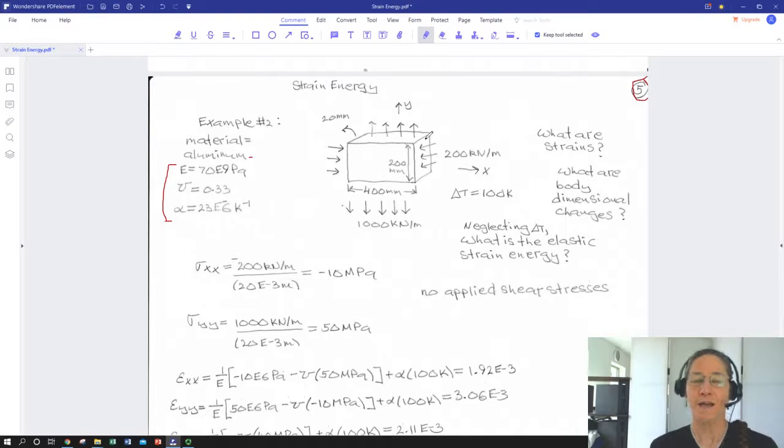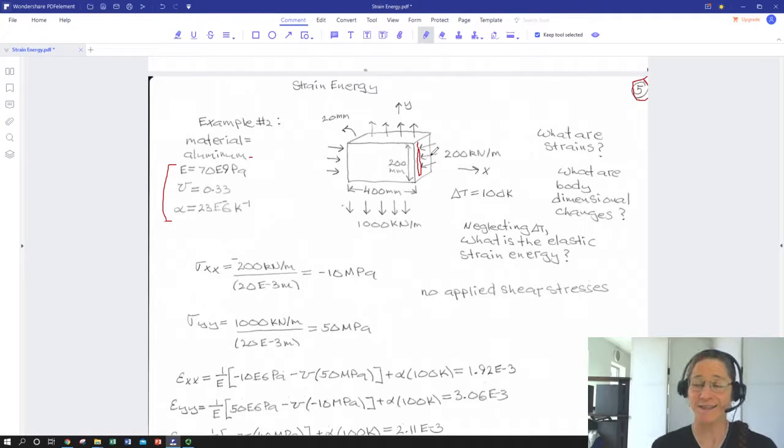So here's our body, and it's subjected to some distributed loads. So we've got 200 kilonewtons per meter being applied along this face, which is basically like our X face. On our Y face, positive and negative Y face, we have 1,000 kilonewtons per meter being applied.